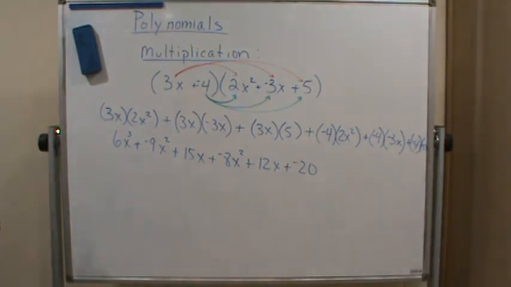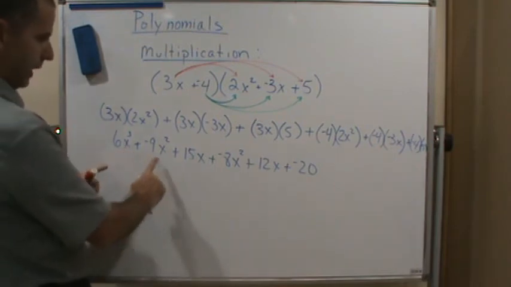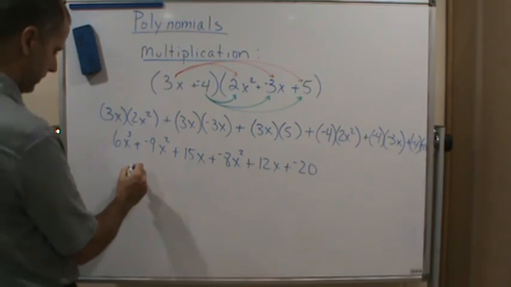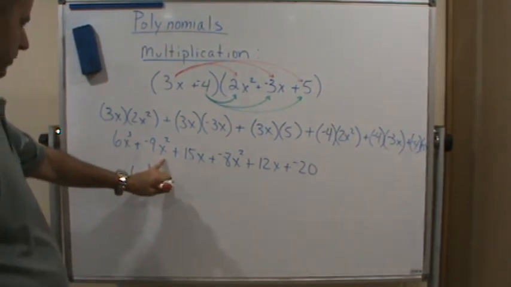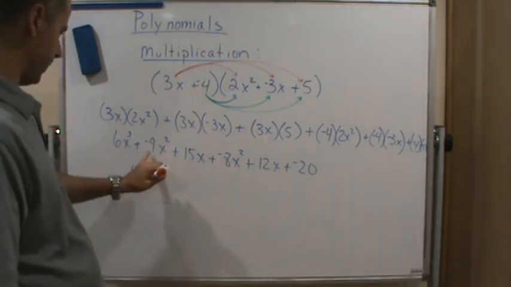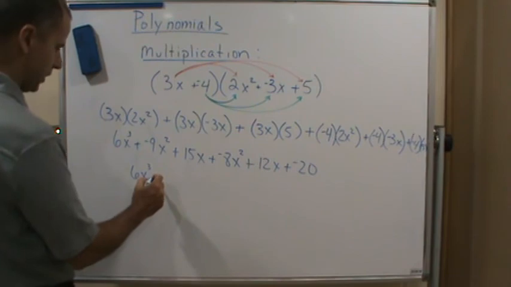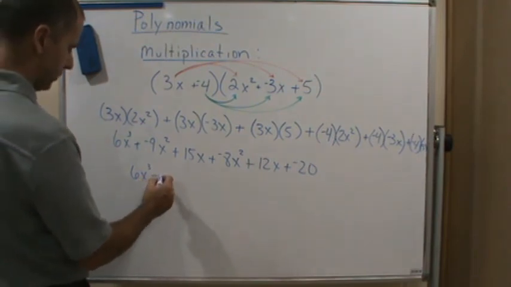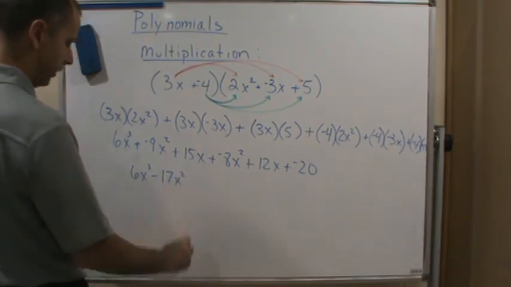See how I did that? All I did was simplify. Now I'm going to combine like terms. I don't have any x cubes, so that's done. Now x squared: there's an x squared here and an x squared here, so that's minus 9 minus 8, which gives me minus 17, so minus 17x squared.